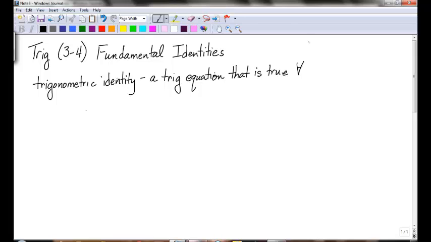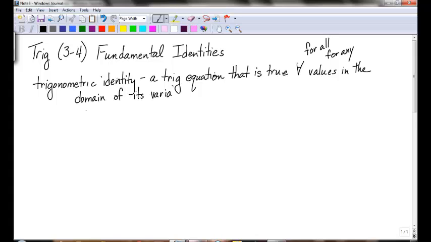The upside down A, for all, you can read that as for all or for any. The trig equation that is true for all values in the domain of its variable.